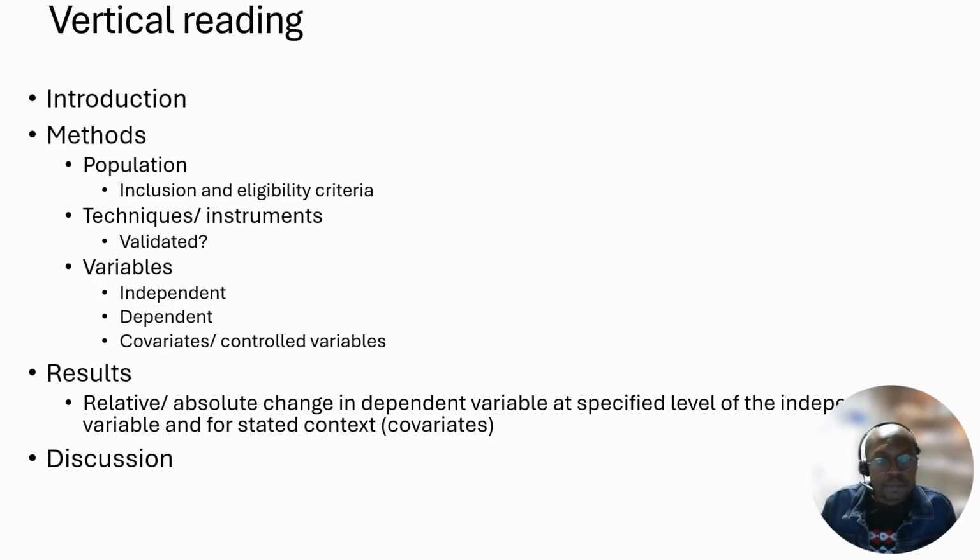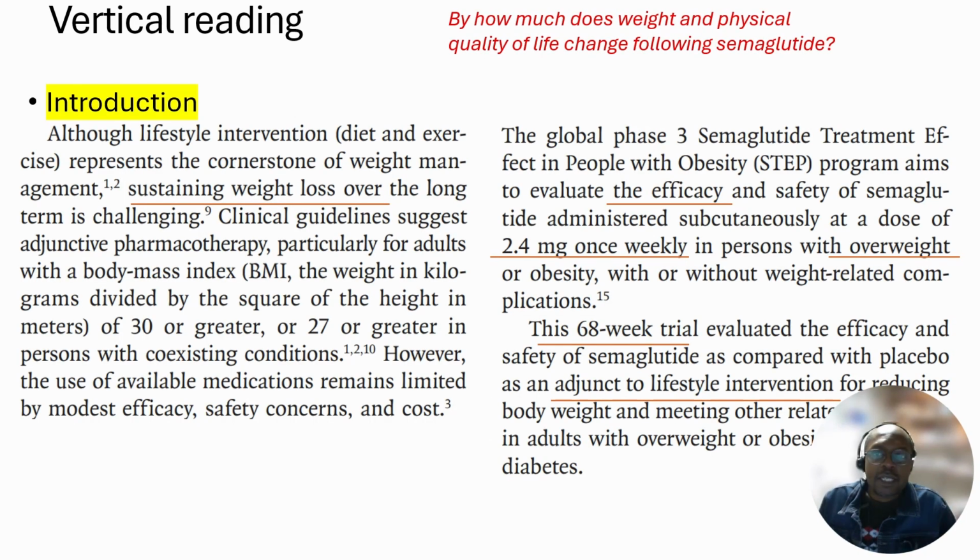And then you look at the intro. This is the premise of the paper. Lifestyle intervention is the cornerstone of weight management. We get it. But sustaining weight loss over a long time is challenging. Whenever you see trials that have a fancy name, they're usually the names of big clinical trials.